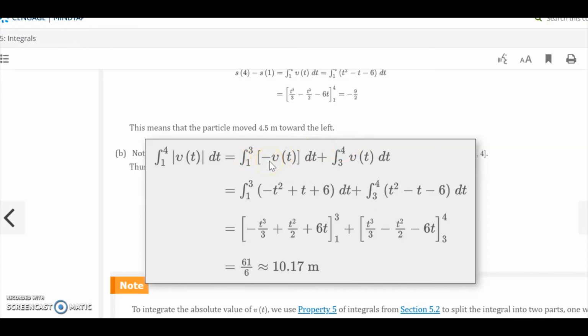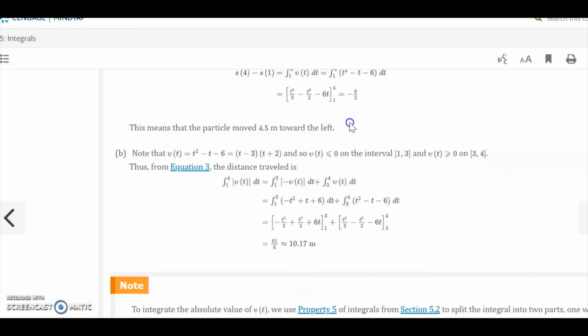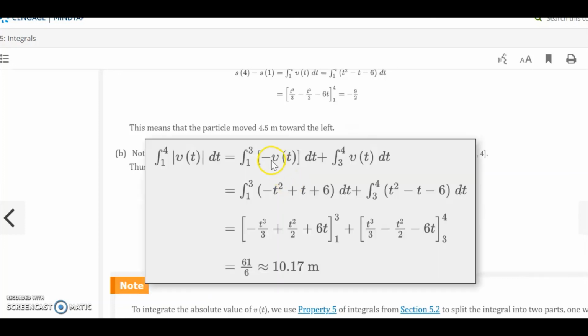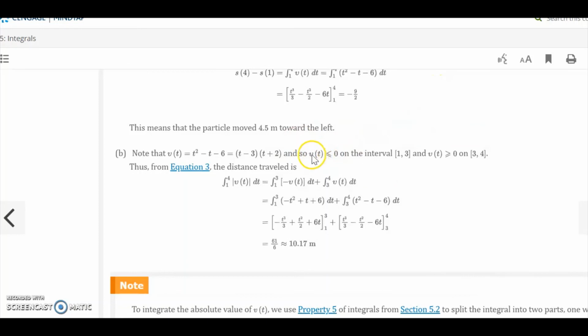Okay, so then we have minus v of t dt, and we know that this is going to be minus. Why do they have it negative? Well, because this value right here, so from 1 to 3, it's a negative value.